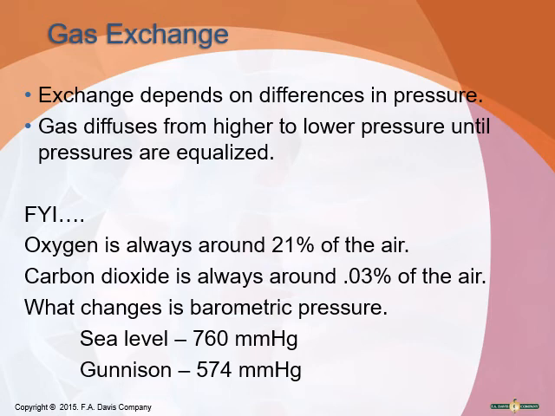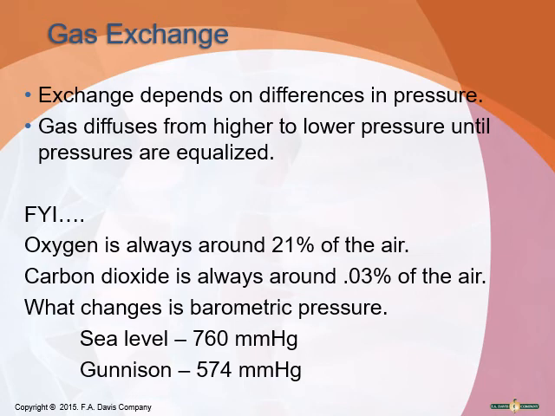To figure this out, you have to calculate what is called partial pressure. This is the contribution of a single gas in a mixture of gases to the total pressure. To calculate partial pressure, you multiply the percentage of that gas by the pressure.